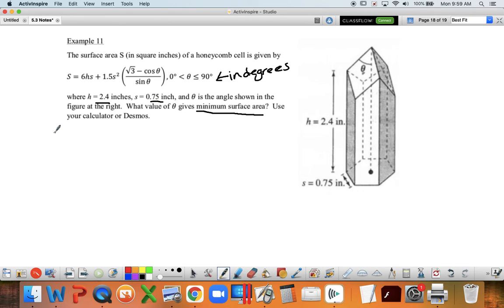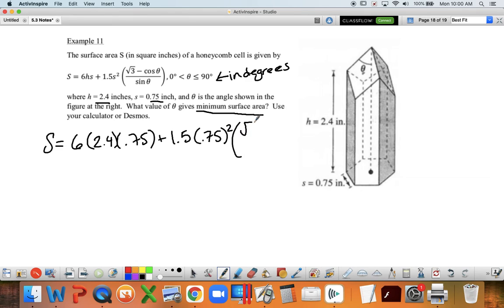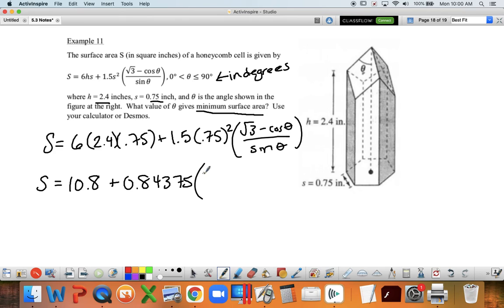We know our H value is 2.4 and S value is 0.75, so I'm going to plug that into my equation here. So I get 6 times 2.4 times 0.75 plus 1.5 times 0.75 squared times the square root of 3 minus cosine theta over sine theta. Okay, so I get S equal to 10.8 plus 0.84375 times the square root of 3 minus cosine theta over sine theta.